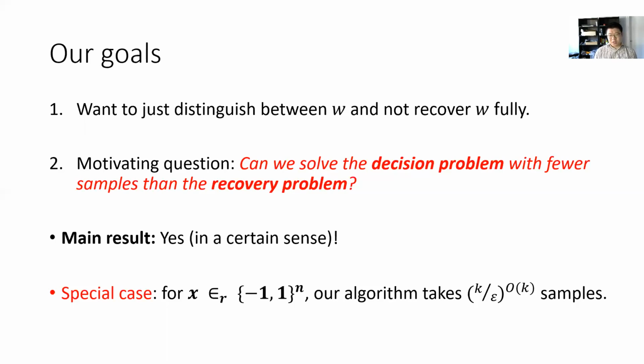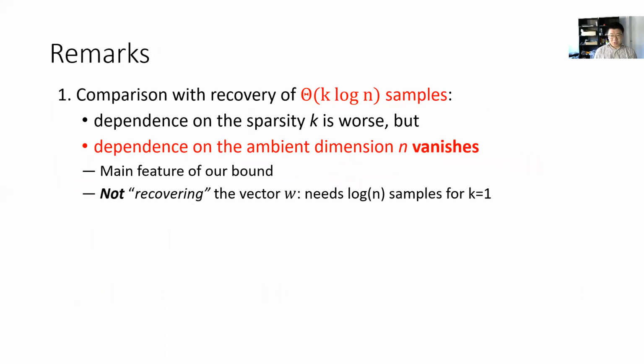Now I want to give a short comparison of our results with the recovery bound, that is Θ(k log n). The dependency on the sparsity k is worse in our bound, but the dependency on the ambient dimension n vanishes in our bound.